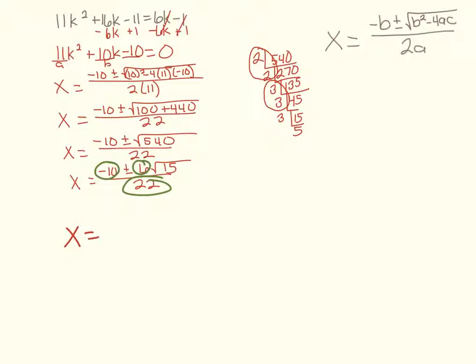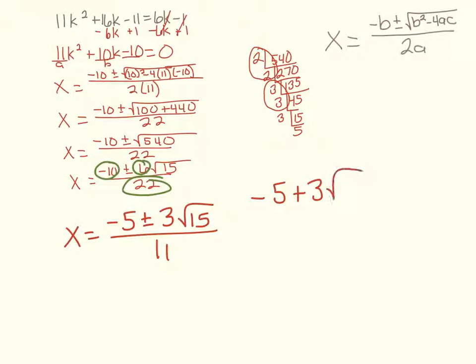So negative 10 divided by 2 is negative 5. 6 divided by 2 is 3. And 22 divided by 2 is 11. So you have negative 5 plus 3 radical 15 over 11, and negative 5 minus 3 radical 15 over 11.